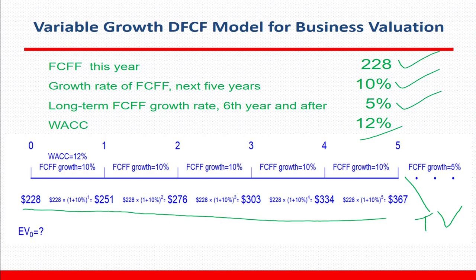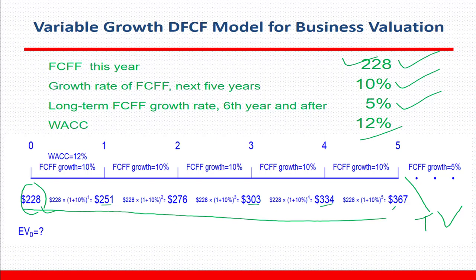See here how I have computed the cash flow during the high growth period. We are given the current year's cash flow, which is 228, and we know the next 5 years' growth rate, which is 10%. So you can multiply the initial cash flow by the compounding factor, and you can compute the cash flow for the next 5 years.